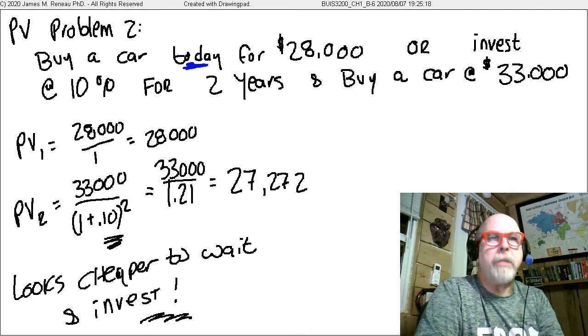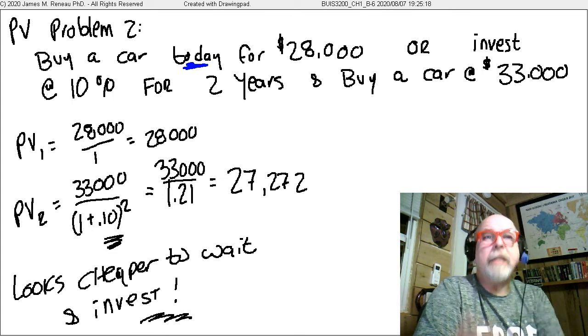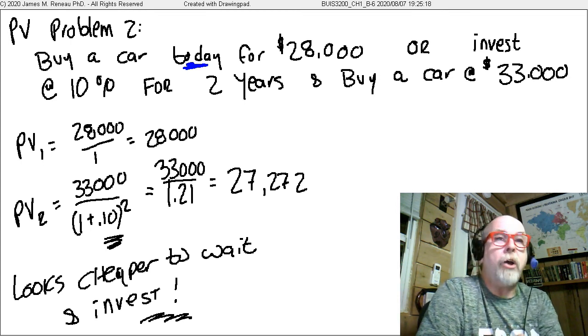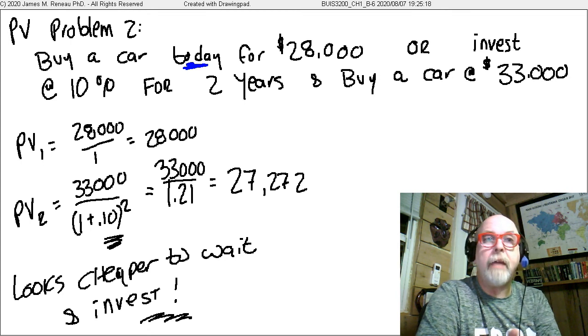So it's a lot cheaper to wait. It's cheaper to wait, at least in this situation. Now, if the interest rate was lower, then we wouldn't get as large a discount, and it might not be cheaper to wait. It might just be better to go ahead and buy the car today.